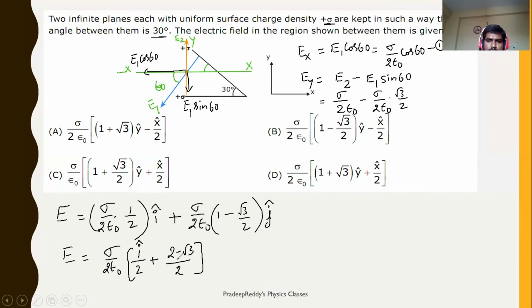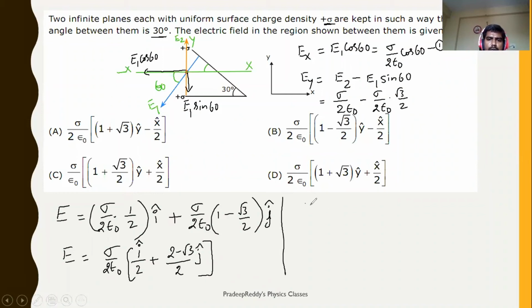I'm sorry, because these are in different directions, right? So I'll take this as 2 minus root 3 by 2 j cap. Okay. So i and j, you should represent it with x and y, because in the reference it is given as x and y.